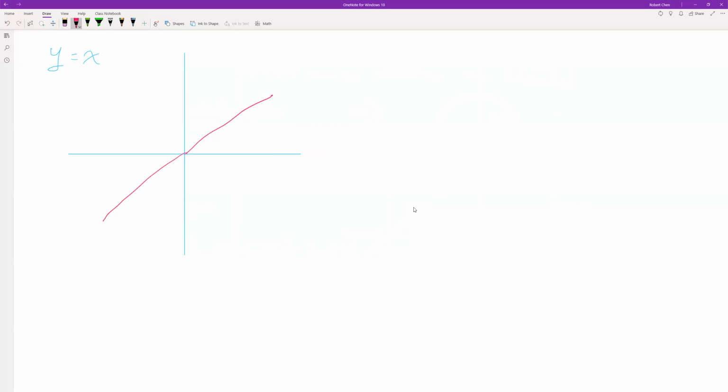Okay. And then we know that if we draw a right triangle like that, let's say this point is (1, 1), that was 1 and 1. That's an isosceles triangle, right? And we know that this angle is going to be 45 degrees, or pi over 4. Right? So we can actually represent this line, y equals x, in polar equation. That is the same thing as theta equals pi over 4.